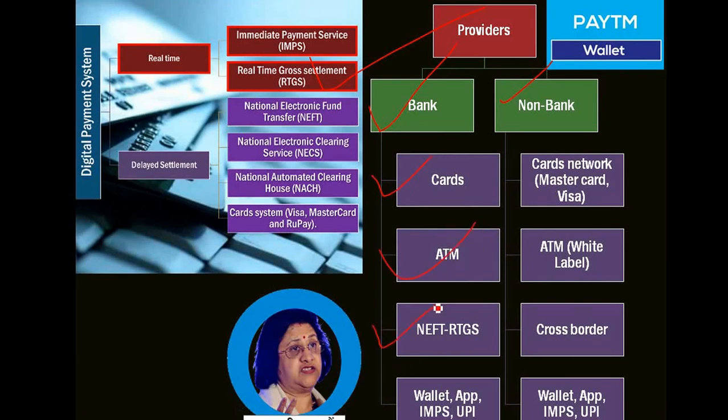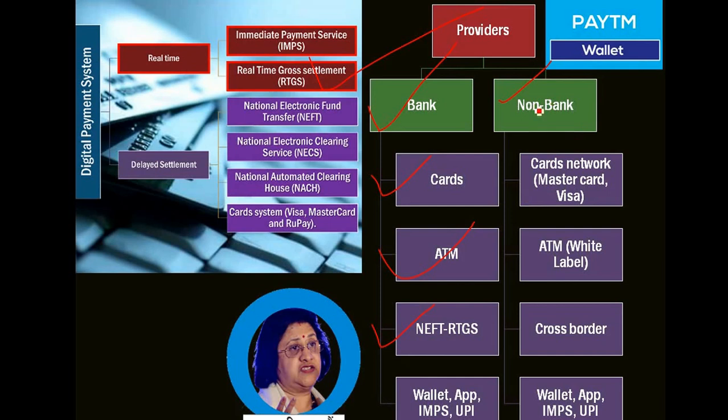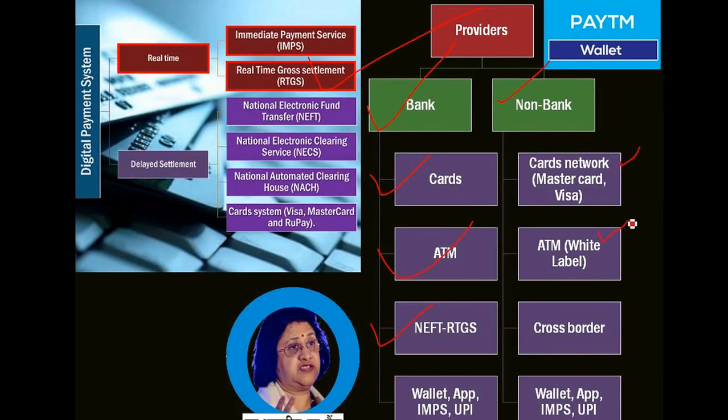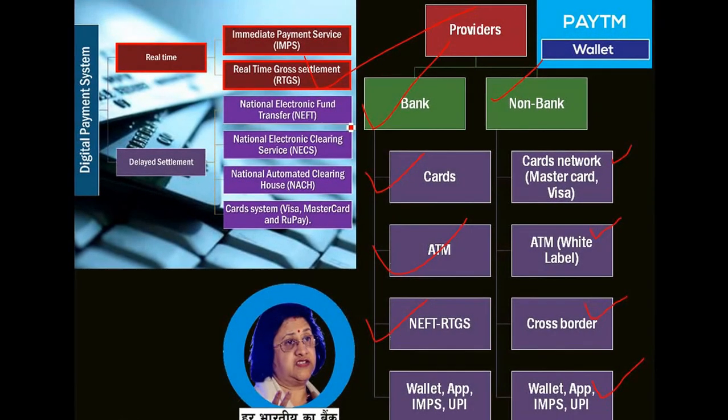So this is all about the digital payment system. Let's look in more detail at the providers and what they can provide. The providers are of two types, bank or non-bank. Banks, as we already know, are financial institutions such as SBI, Bank of Baroda, Allahabad Bank, Punjab National Bank. These provide digital payment systems in the form of cards, ATMs, NEFT, RTGS, apps and wallets, IMPS or UPI.